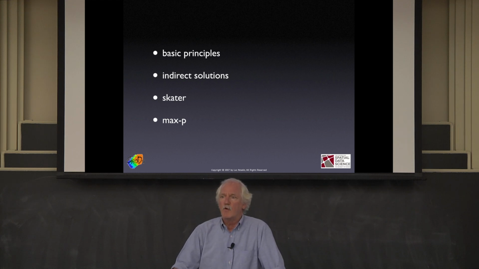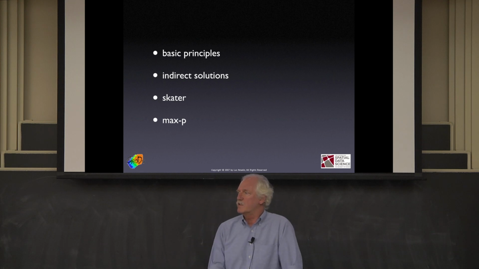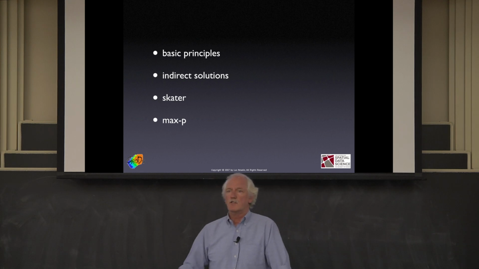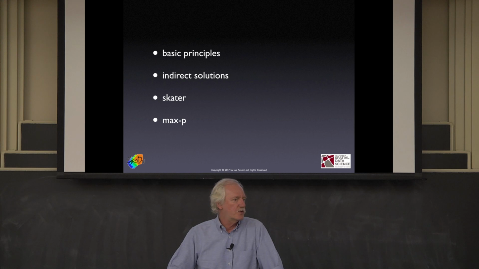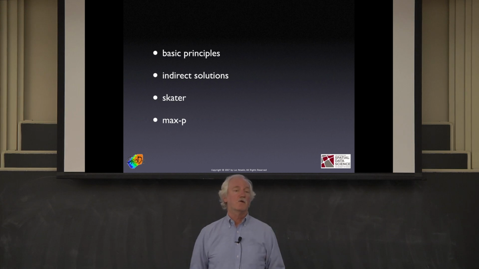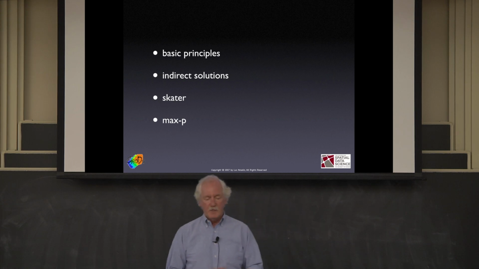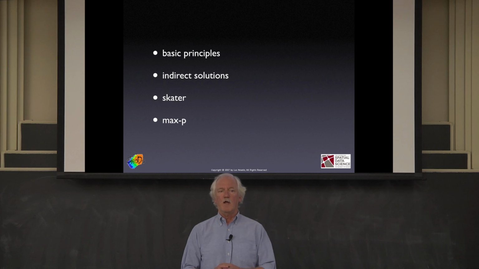So an algorithm, as you probably know, is a series of computational steps to accomplish a solution. A heuristic is an algorithm that cannot be proven to give you the optimal solution, but gives you reasonably good solutions. So that is something we're going to keep running into. These spatial problems are what we call NP-hard, which means they're combinatorial.